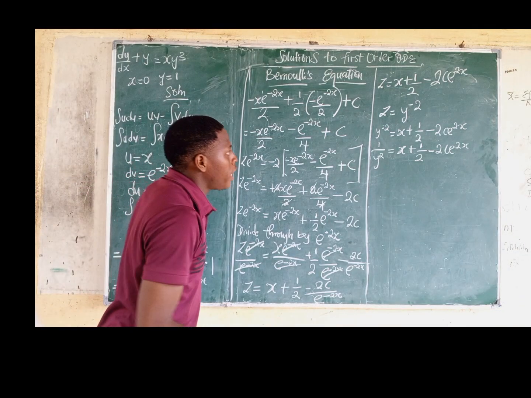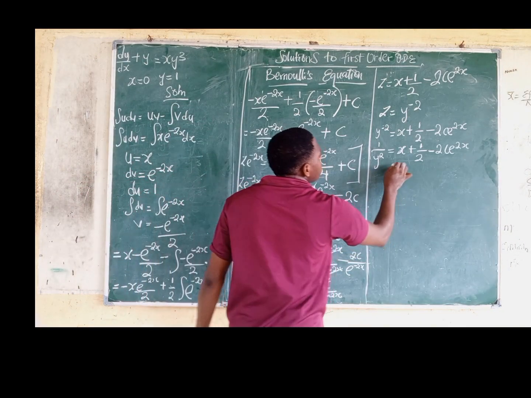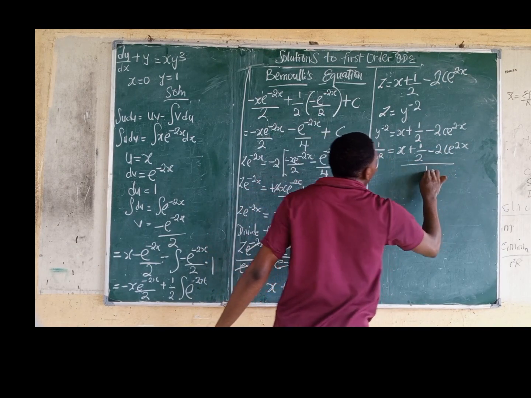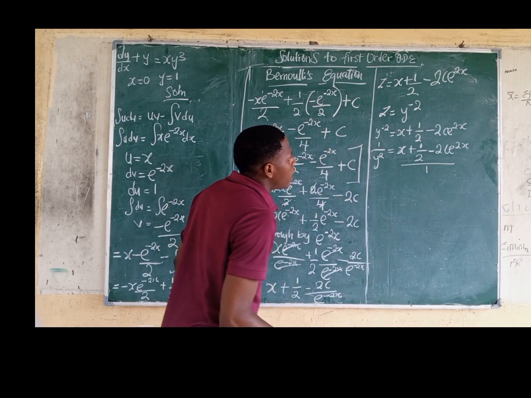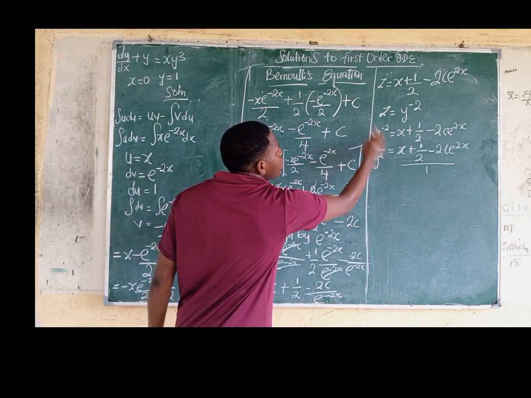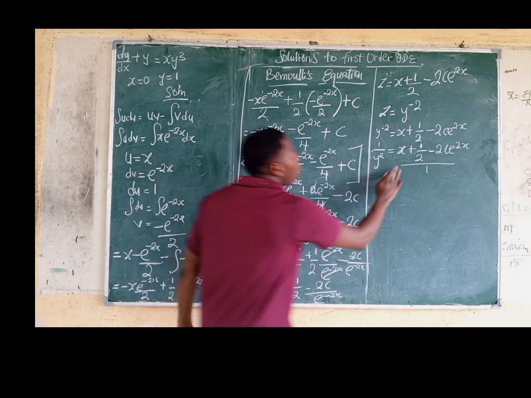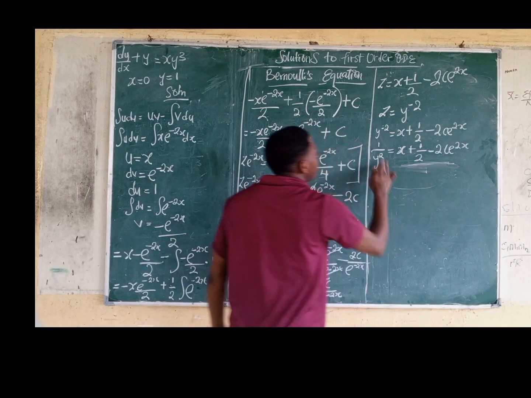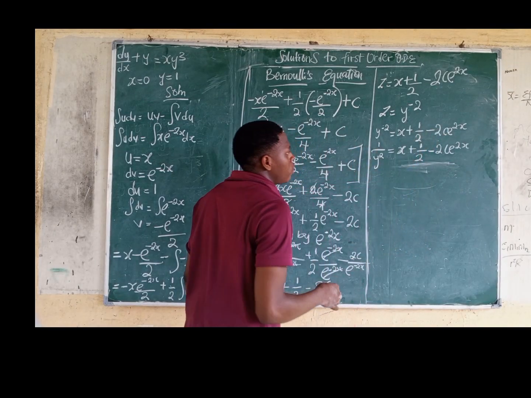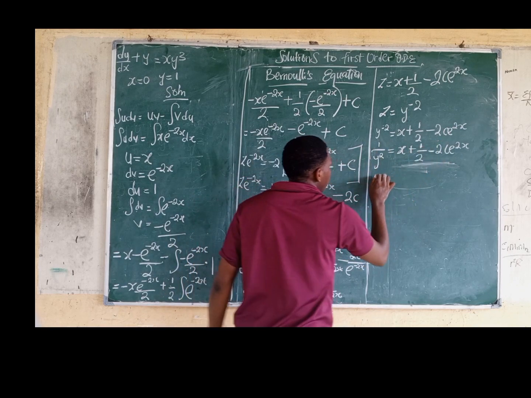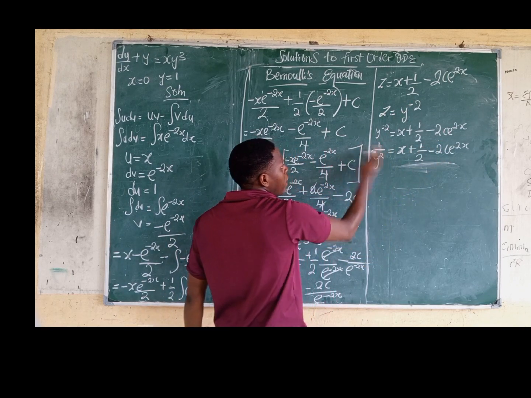What do you think we should do next? We can take this as a whole and divide through by 1. Now if we do that, we want to remove this 1 over. We can cross multiply, or we can remove this by taking 1 over on this side of the equation. Now if you take 1 over everything here, this 1 over is removed from the left hand side.